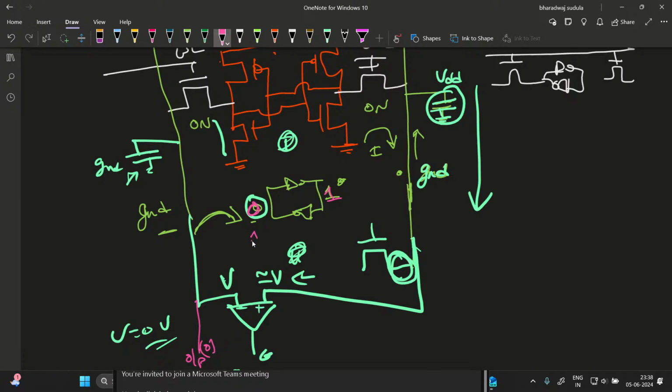And if it had been 1, I would have said that this output is 1. But actually, this bit line itself is not an ideal wire. It has some capacitance.